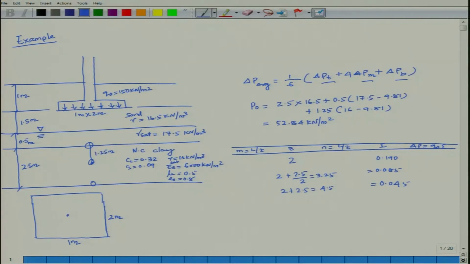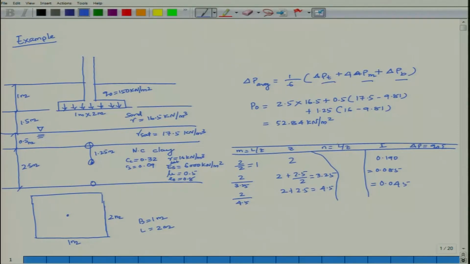M will be L by Z for each depth. If B is equal to 1 meter, L is equal to 2 meter, M is equal to L by Z, which is 2 by 2, equal to 1. Here it is L by Z, 2 by 3.25. Here it is 2 by 4.5.